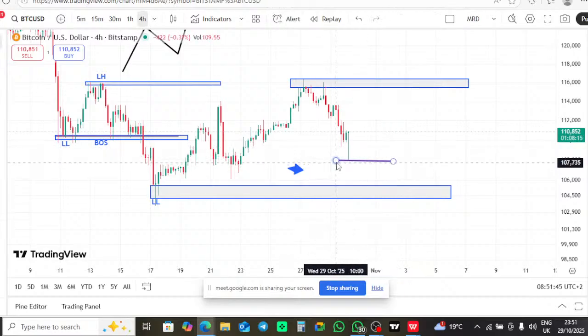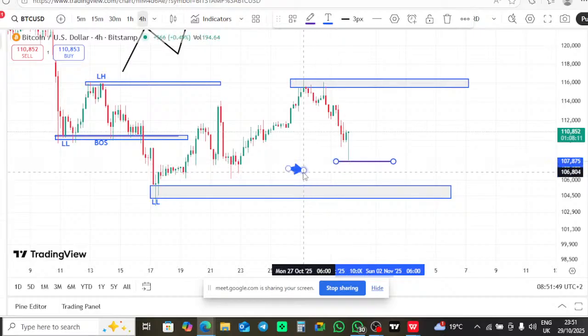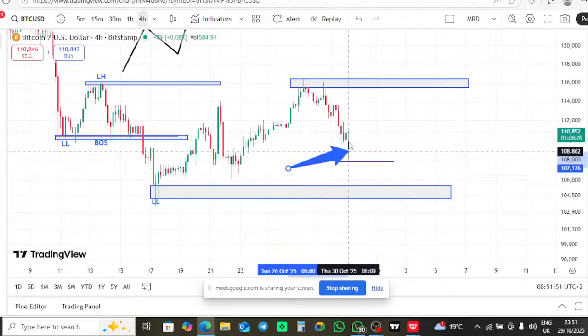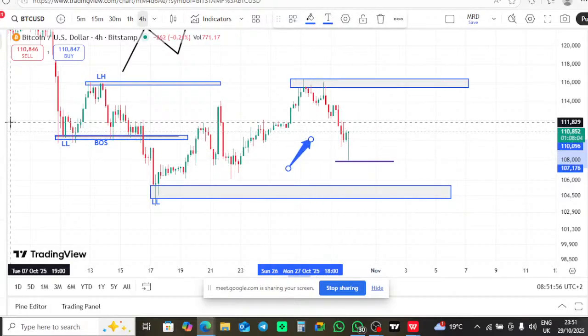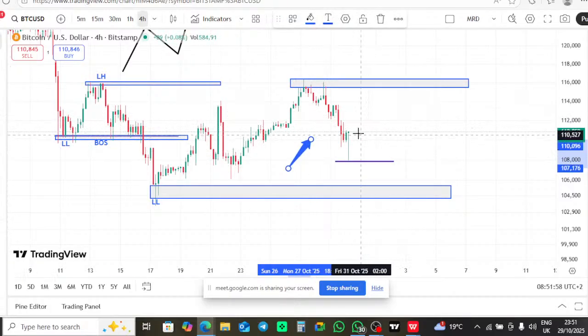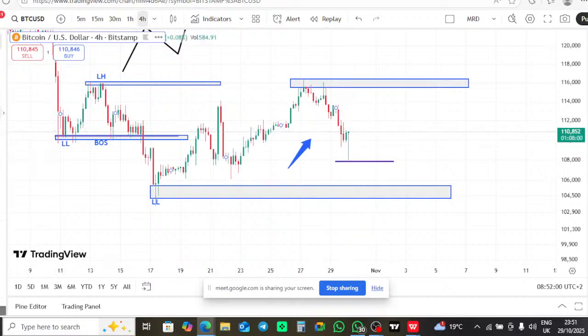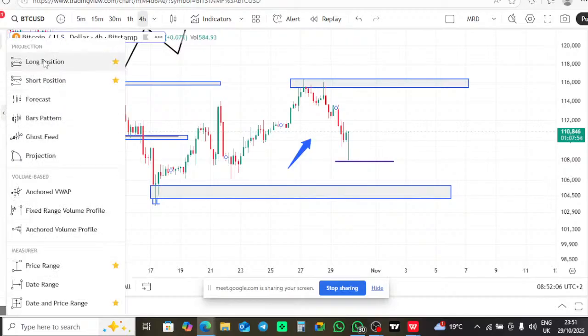Okay, for example, now this line is the lowest point of this candle. If I want to trade this coin, why is it not coming?